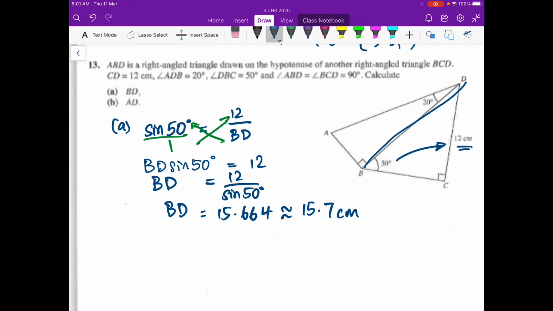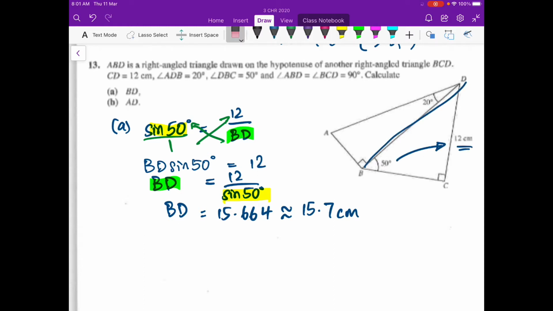Okay, so what Wang Fan did was to swap these two positions, sine 50 and BD. So they changed position. Okay, so Wang Fan has helped us for the first part already.